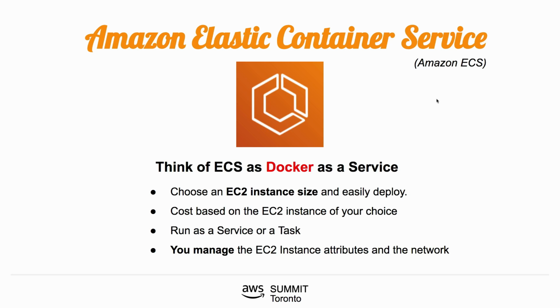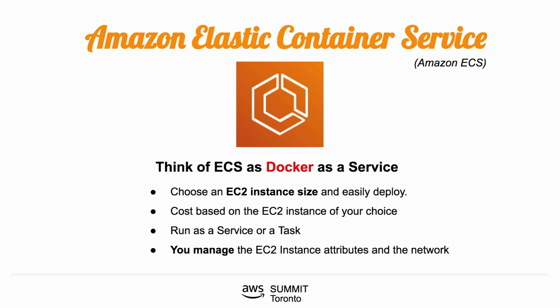I always think of the service as Docker as a service. The idea here is that you're going to choose the EC2 instance that you want to launch, and when you want to run your Docker containers, you create a task or service and launch it, and it's going to run it on that EC2 instance.